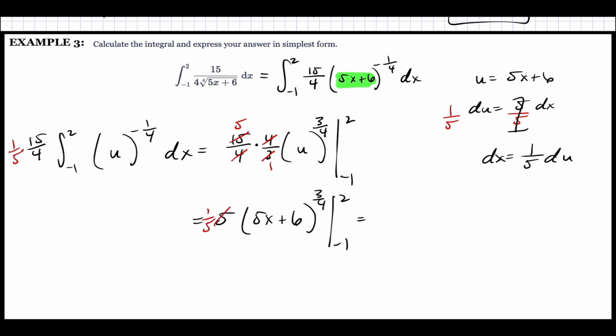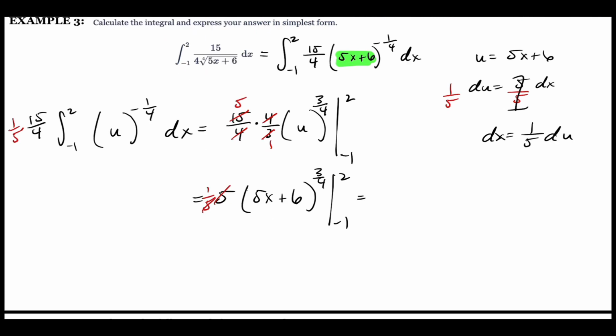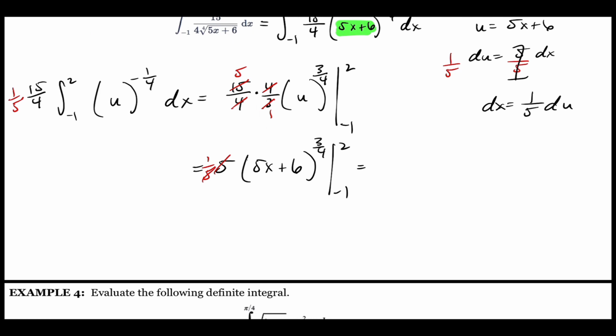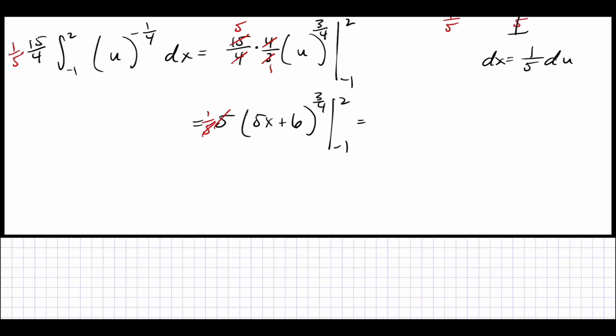I still have a 5 here, so that would cancel out, and there would be no more coefficient. Makes the problem even easier. All right, so let me rewrite this. So I have 5x plus 6 to the 3/4, and now I have to evaluate it from here to here.